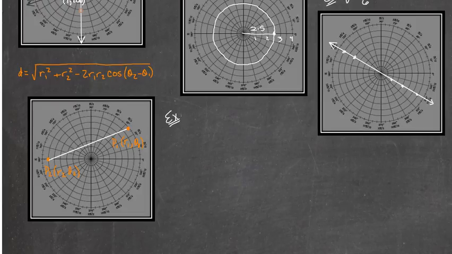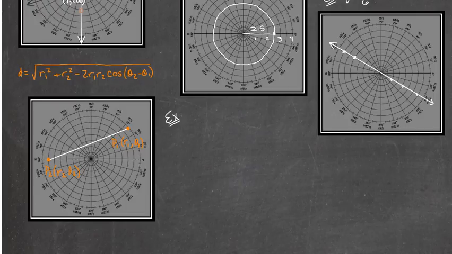This is a word problem, so I'm going to read it. An air traffic controller is tracking two airplanes that are flying at the same altitude. The coordinates of the planes are given in miles and degrees, and we want to first sketch the graph and then determine how far apart they are.